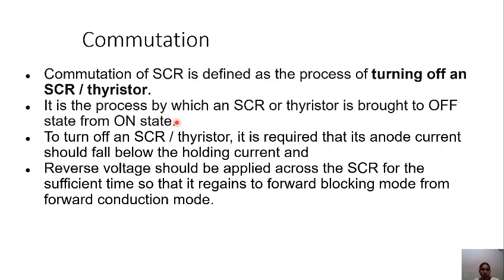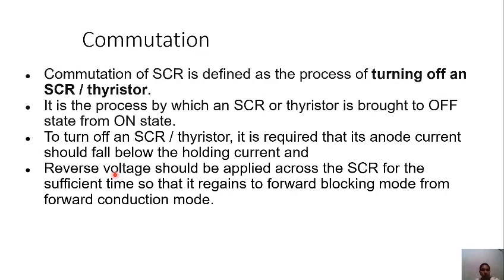One is that the anode current should be below holding current. Always holding current is associated with turn off and latching current is associated with turn on. Another condition is that reverse voltage should be applied across the SCR so that you can bring it to forward blocking mode from forward conduction mode.